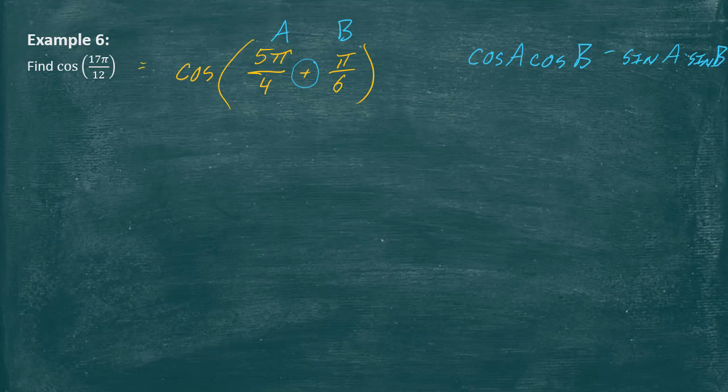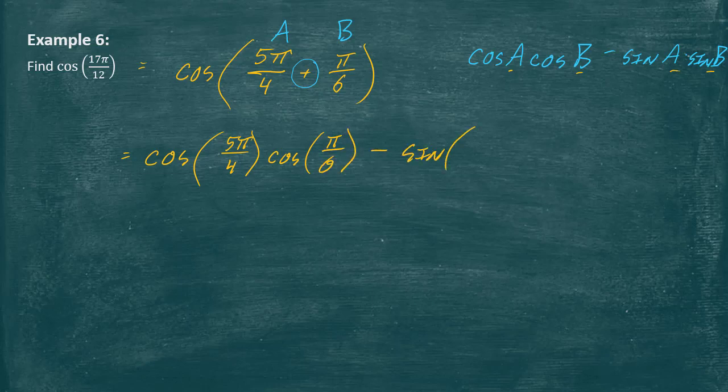So now if I go ahead and do that substitution in place of the A's and B's, this really is going to turn into cosine of 5 pi fourths times the cosine of pi sixths, and then minus the result of multiplying the sine of 5 pi fourths with the sine of pi sixths.